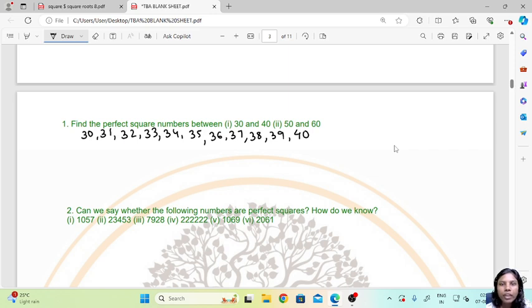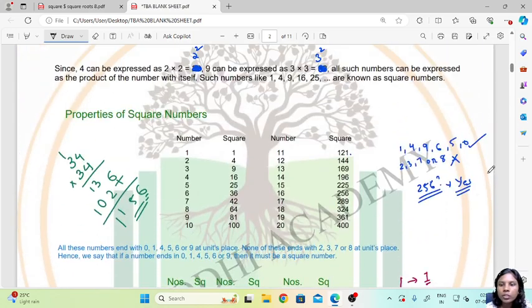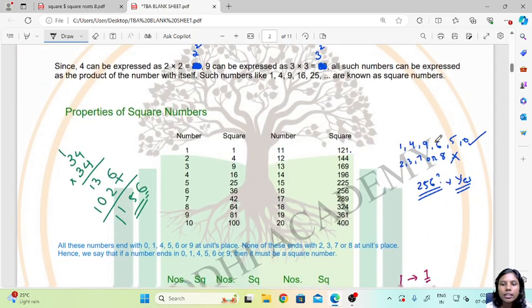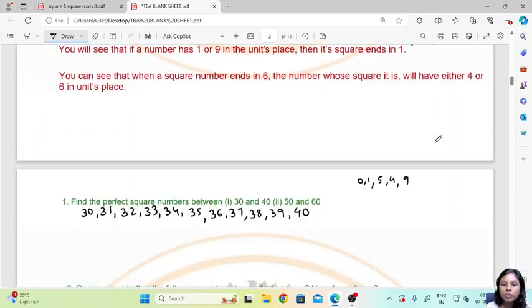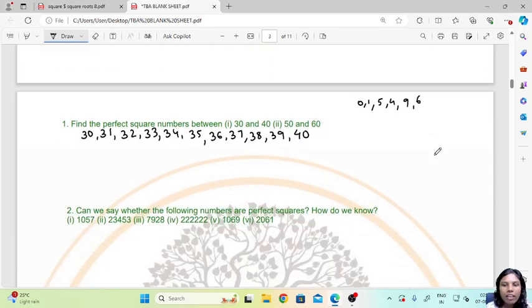So how can we find out? We saw that the units place must be 0, 1, 4, 9, 6 or 5. So we check if these digits are there in the units place.